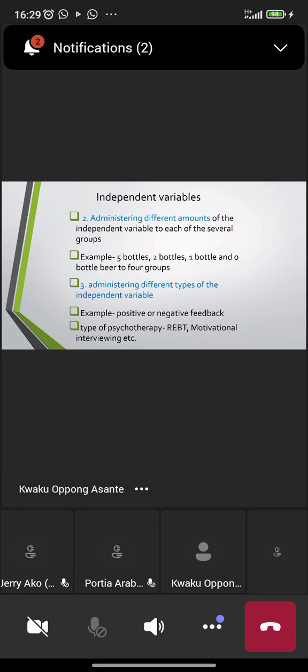The second one is what we call administering different amounts of the independent variable to each of the groups. So here we can go back to alcohol. Remember, when I talk about commercial drivers and their risk perception, I talk about those who will take alcohol and those who will not take alcohol.